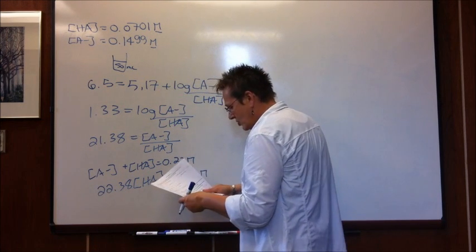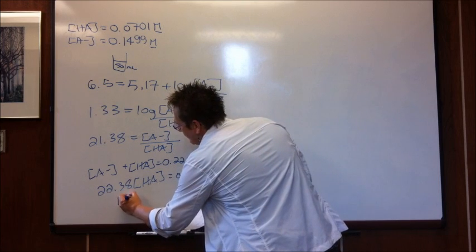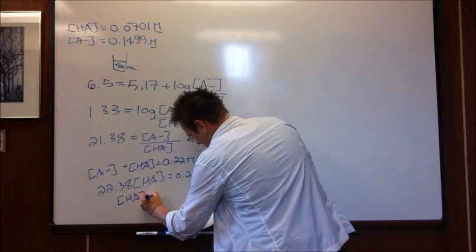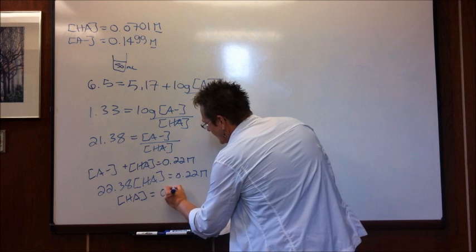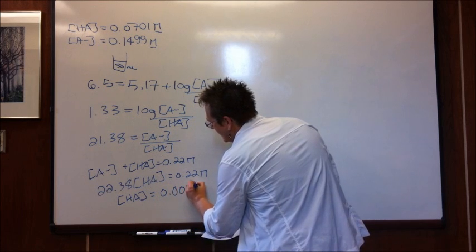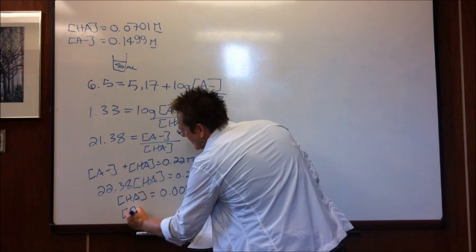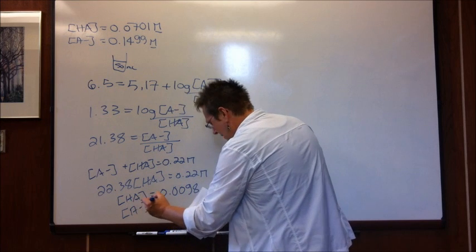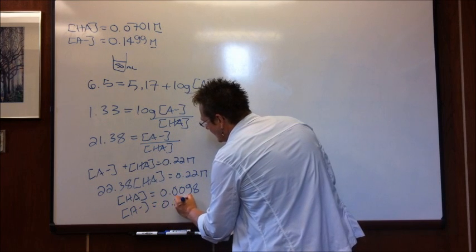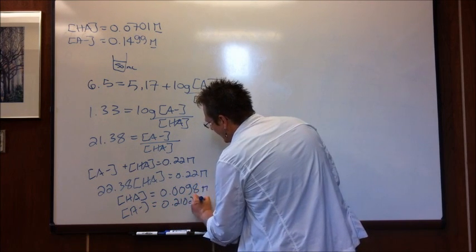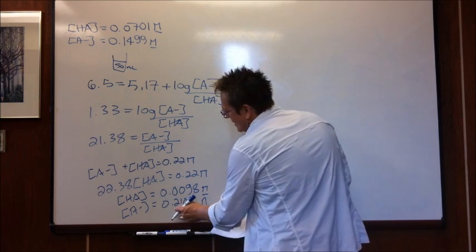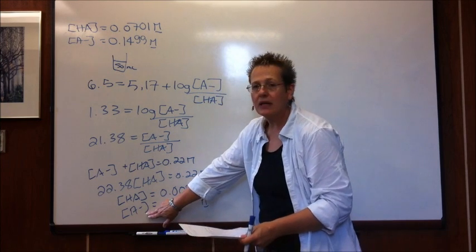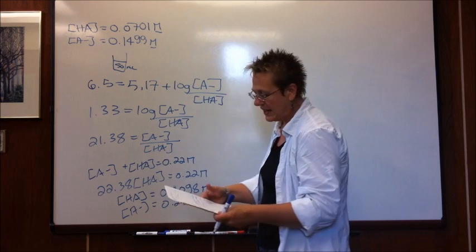And we get concentrations of HA equal to 0.0098 and of A minus at 0.2102 molar. Note that the solution is predominantly deprotonated at this pH.